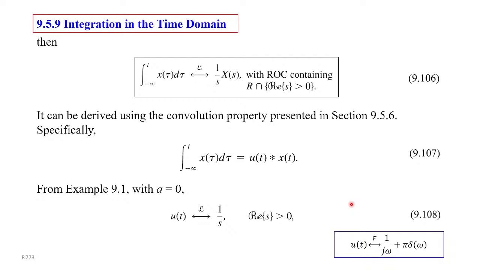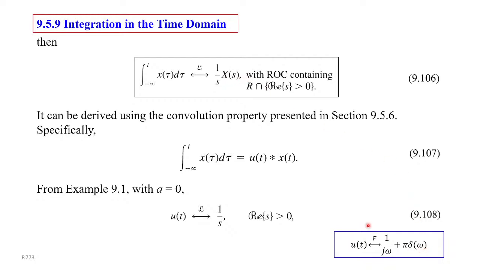But okay, now this is a little weird. Let me try to convince you here. If you compare this to the Fourier transform, if you remember the Fourier transform of integration, now you see that you are missing something.